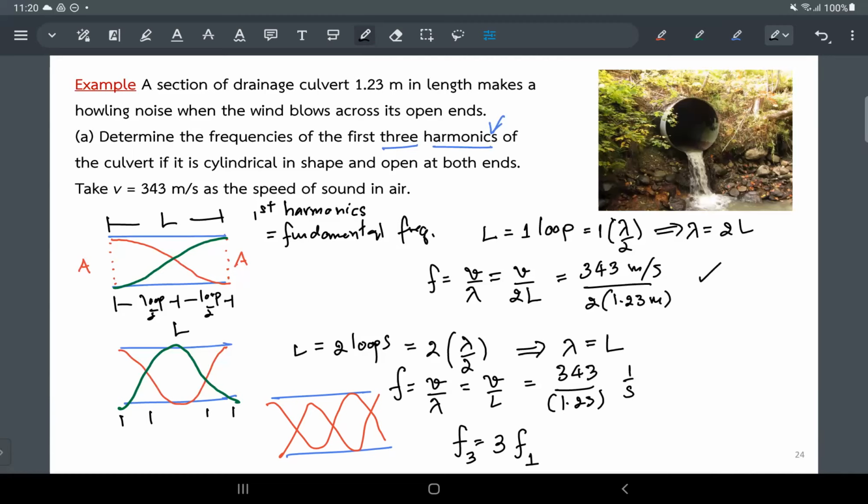After the fact that we know the final answer anyway, this one is going to be 3 times F1, which is already known right here. So we can just plug it in here. Then you can name this one F1 if you want. Does that make sense? Not too bad, I hope.